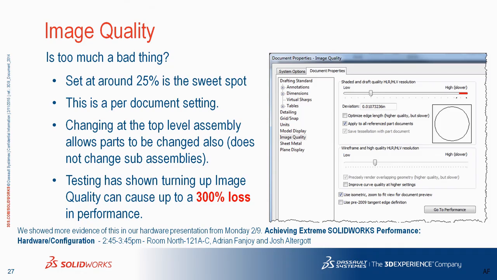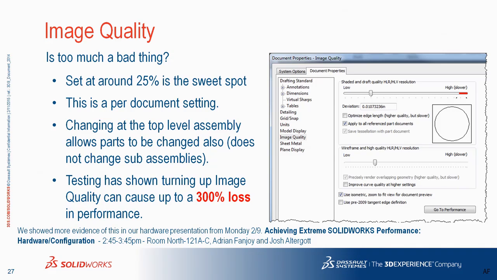That's why this is a document setting. It is not a system option. It's a document setting because every document has a different need. So if you're in an environment where you make very small parts and very large parts, you need a different template for each, to make sure you've got all your bases covered with the proper performance that you need. And I don't care how small the part is, please, God, don't put it in the red.